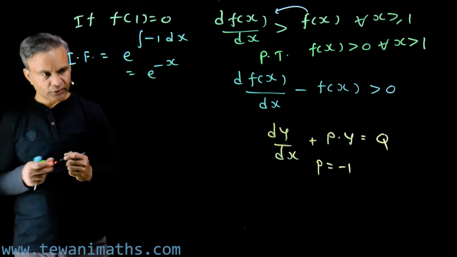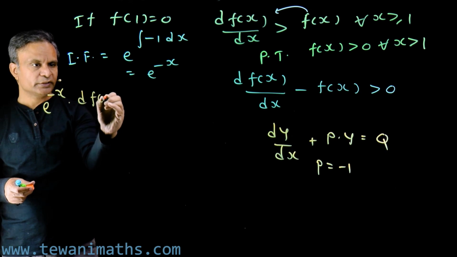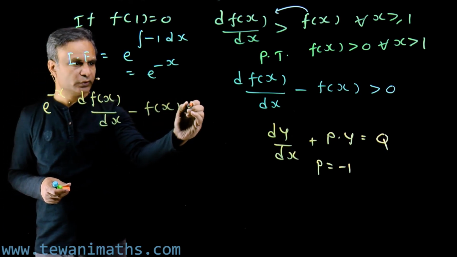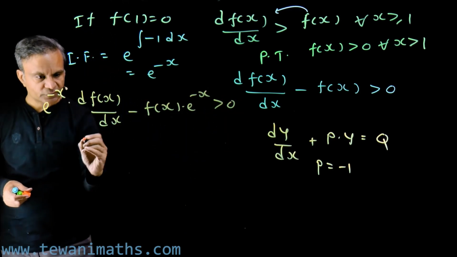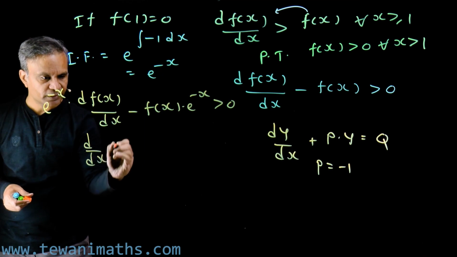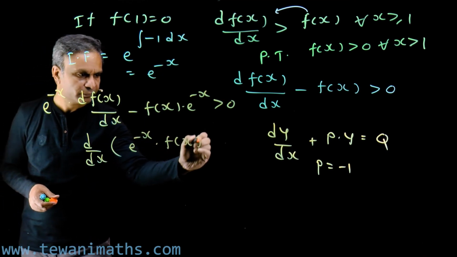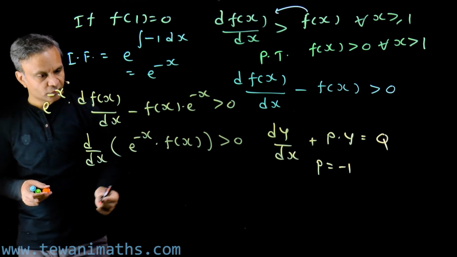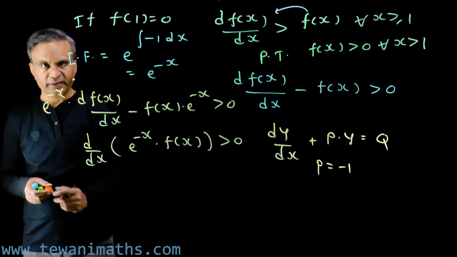It will remain the same. We get e power minus x into dfx by dx minus fx into e power minus x greater than 0. Now this is d by dx of e power minus x multiplied by fx, isn't it? Derivative of e power minus x is minus e power minus x.